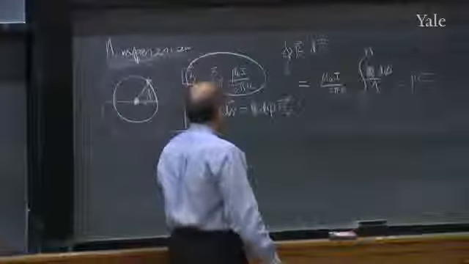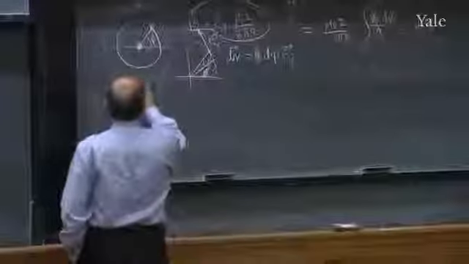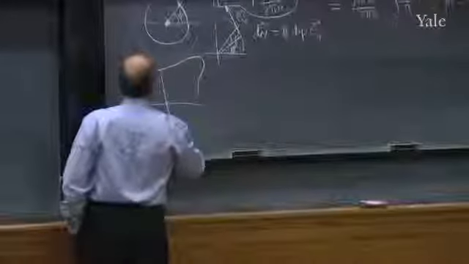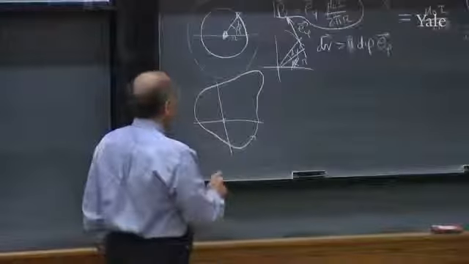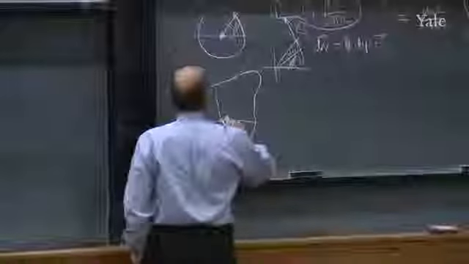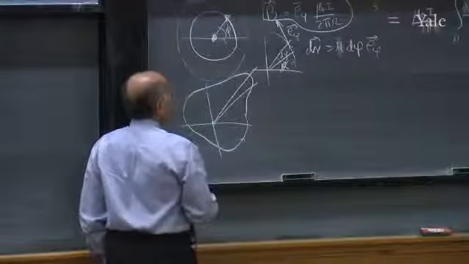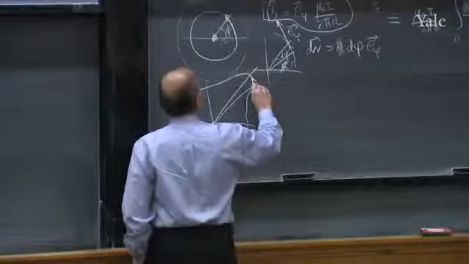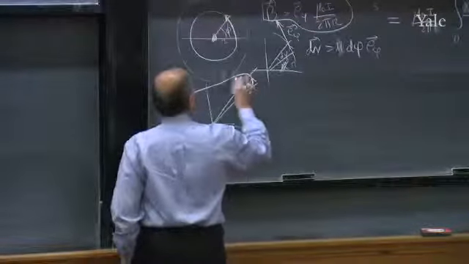Okay, then I'm going to show you that the answer is independent even of the shape of the loop. So let the current be here. So take a loop like that. So take a portion of that loop, this portion here. It's got a radial part and a tangential part.